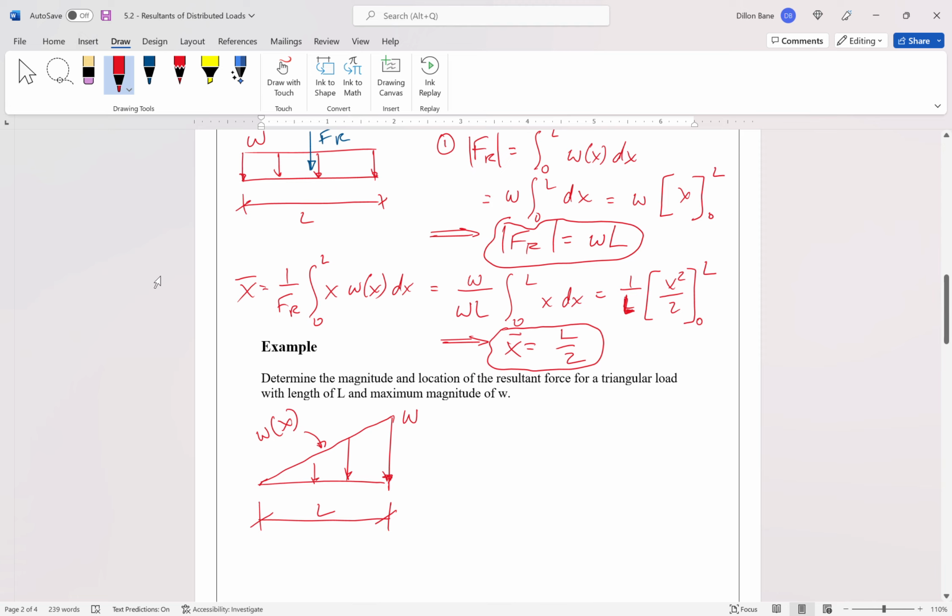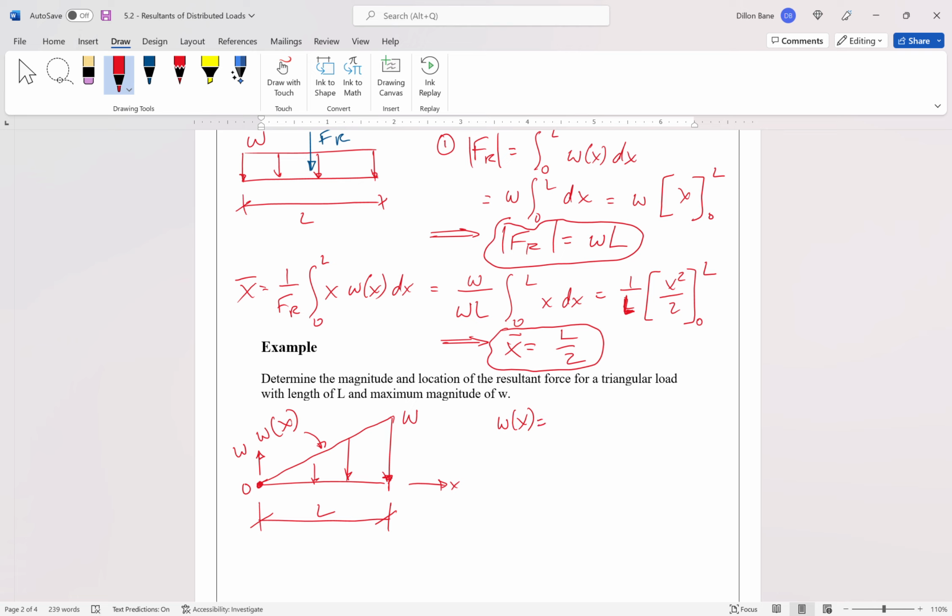So it's not constant. At the left end, W is 0. At the right end, W of X is W, right? So W of X is not constant along the length. So we have to formulate an equation, right? It's just a line, though. It's a simple equation. So if I have this be my x-axis, this be my w-axis, right? This is point O. My W of X, then, is simply rise over run times X plus some y-intercept, right?